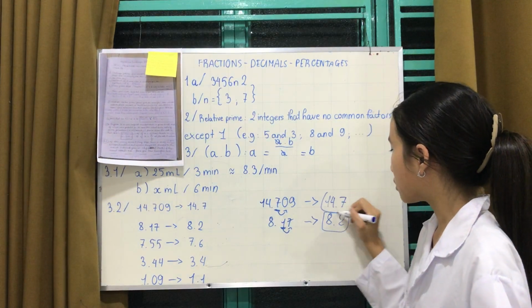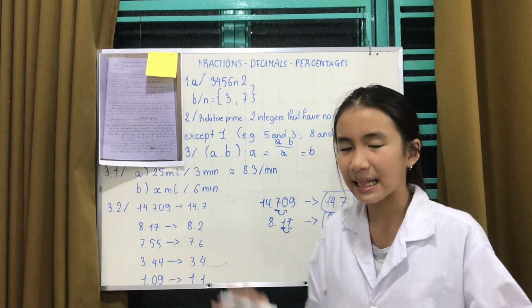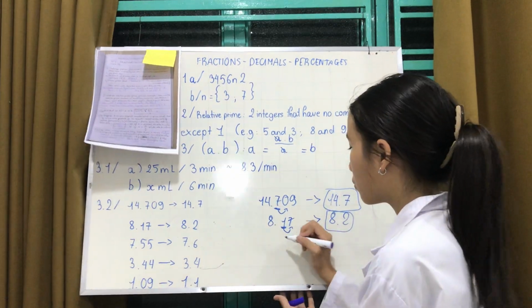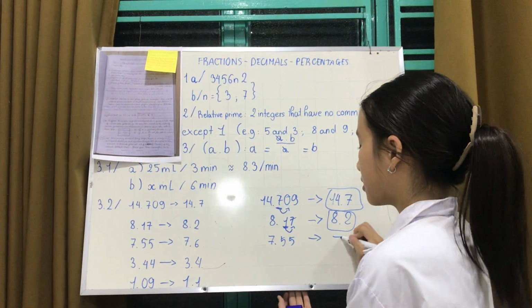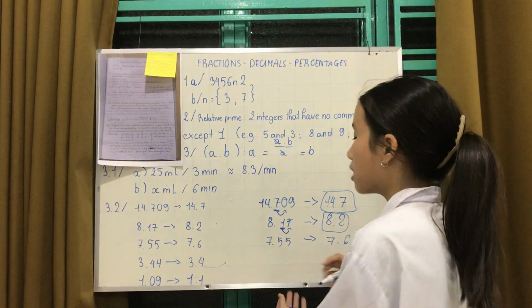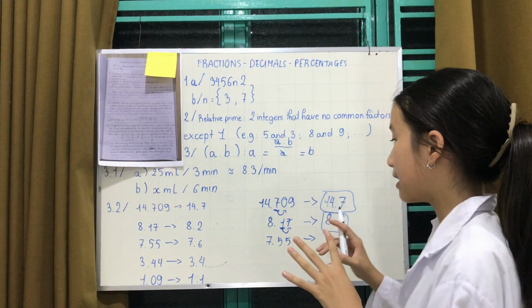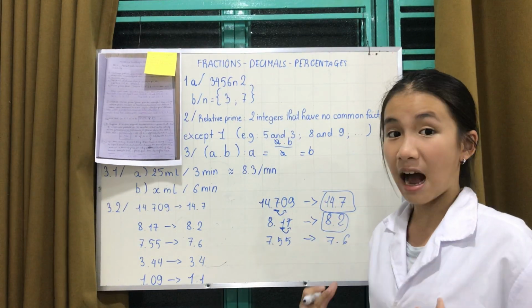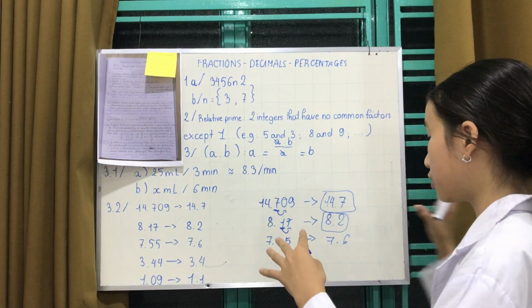So that is 2 examples. But what if it's exactly 5? Well, we just apply the formula. This will equal 7.6. So any number that is smaller than 5 will be rounded to 0.